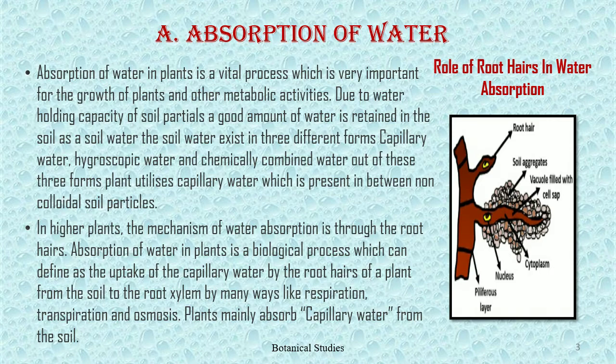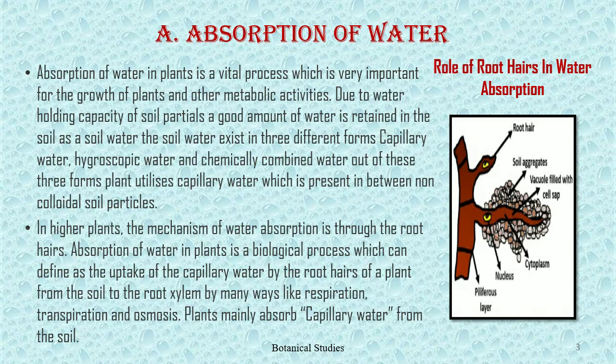Due to the water holding capacity of soil particles, a good amount of water is retained in the soil as soil water. The soil water exists in three different forms: capillary water, hygroscopic water, and chemically combined water. Out of these three forms, the plant utilizes capillary water, which is present in between non-colloidal soil particles.